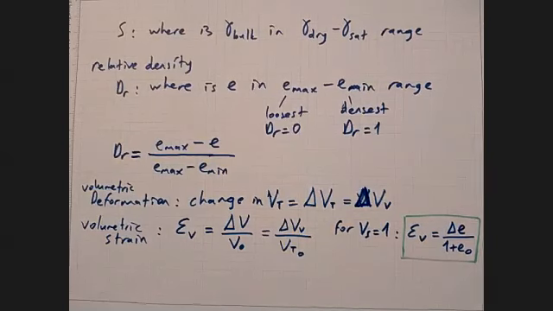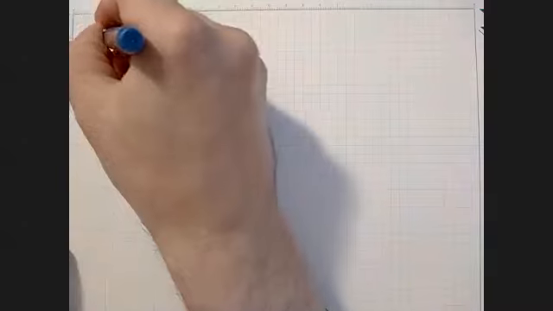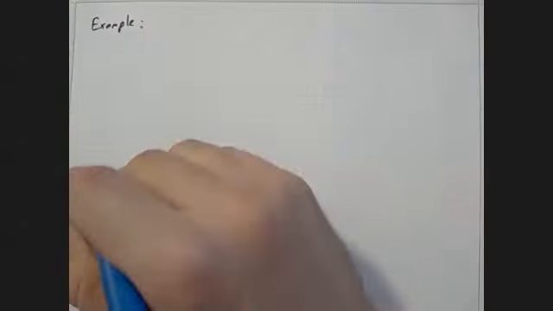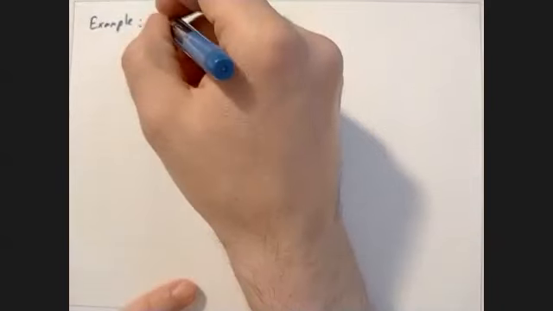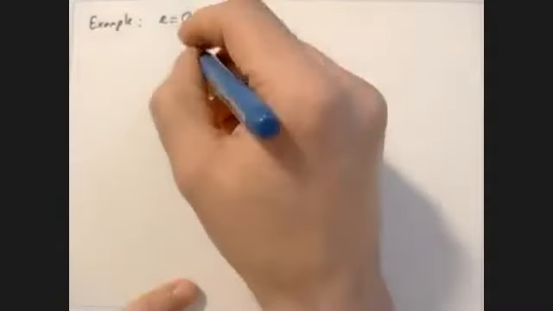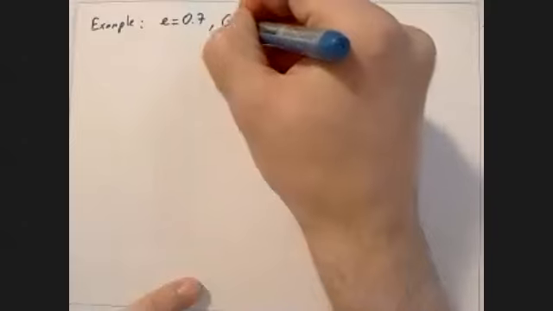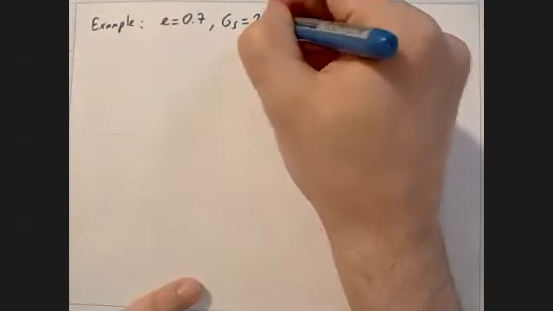Okay, so let's solve an example to practice all of this. So we have a soil that has void ratio of 0.7 and specific gravity of solids is 2.7.